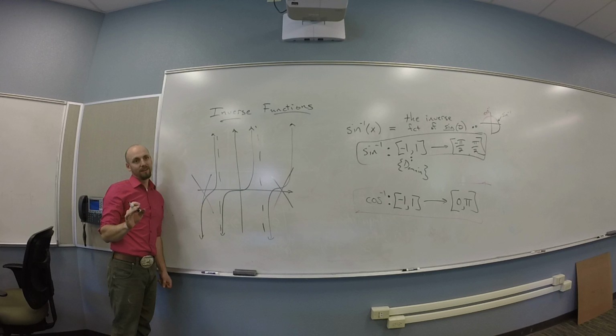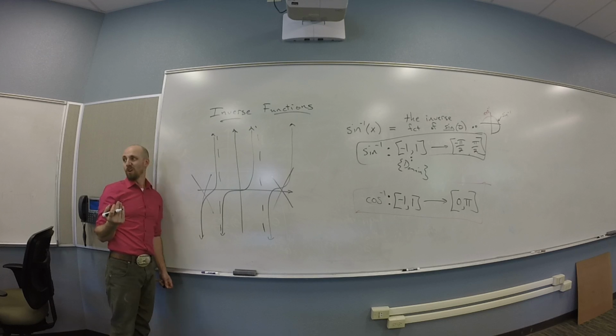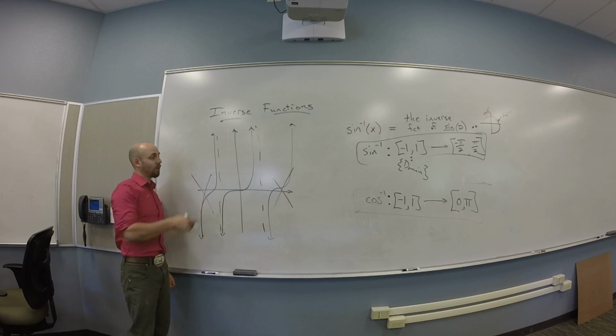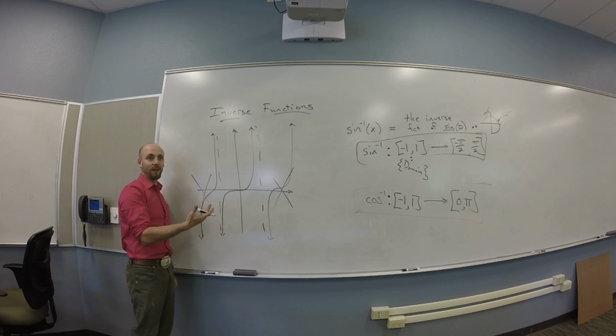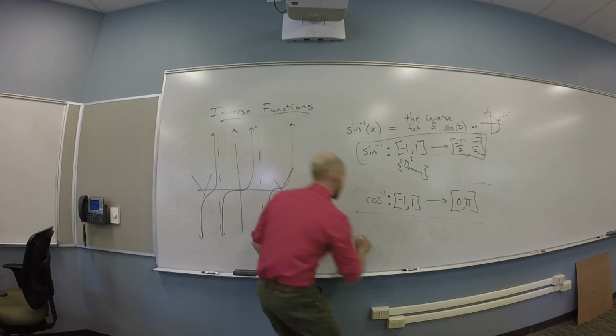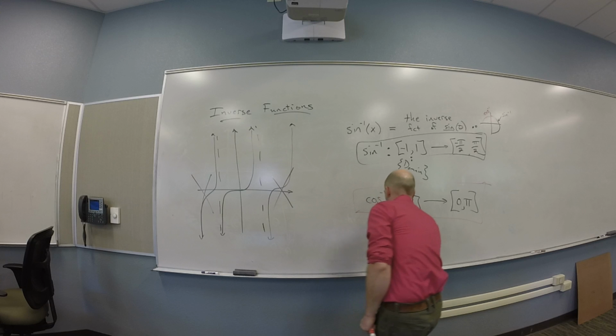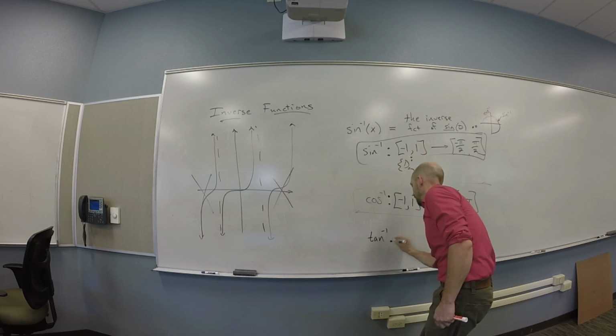And then, do I have to cut it in half? No, because one of the zebra stripes will pass the vertical line test all by its lonesome, right? Okay, so after we restrict, let's figure out tangent inverse. Tangent inverse is pretty chill.